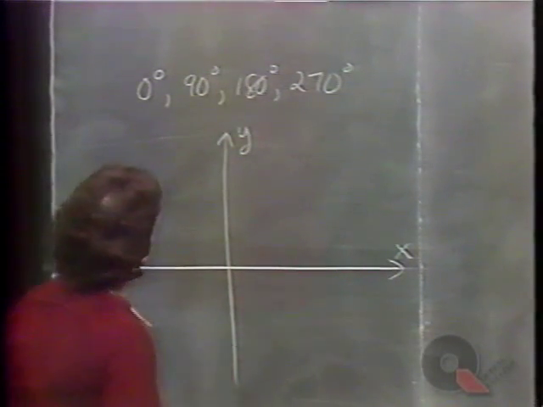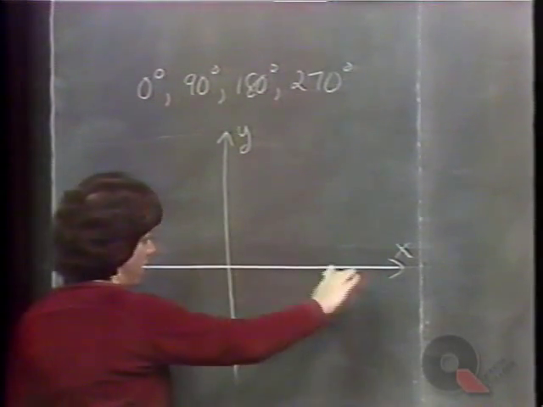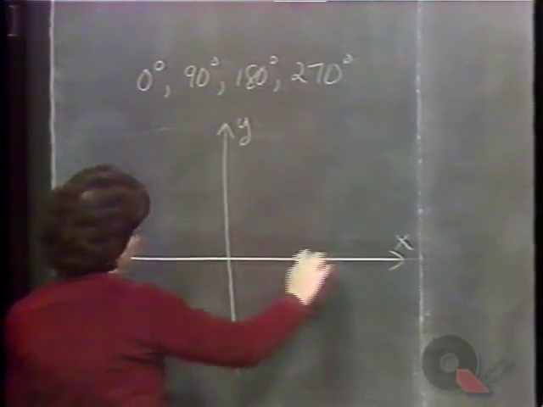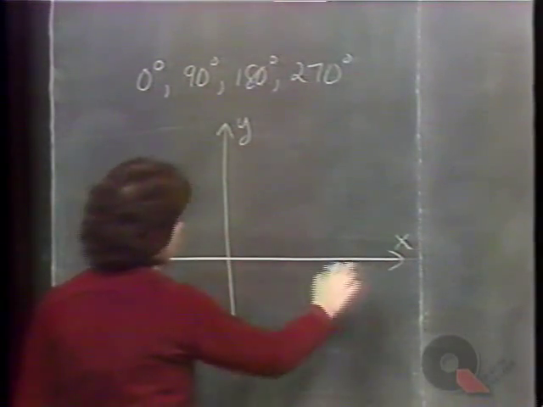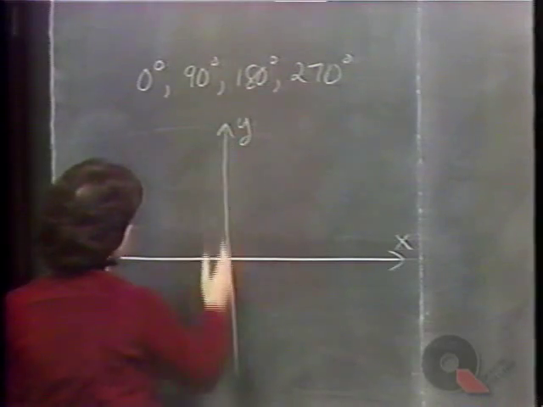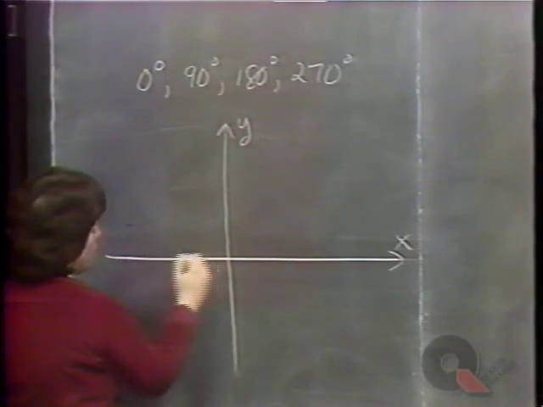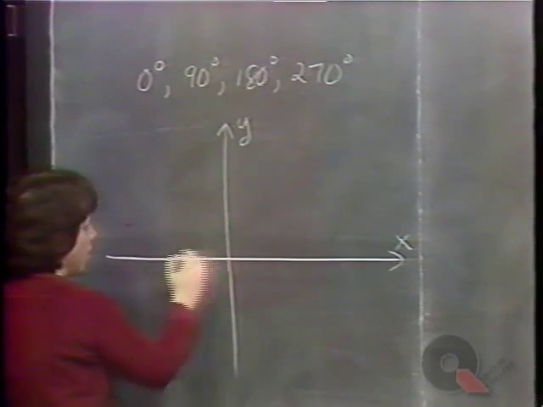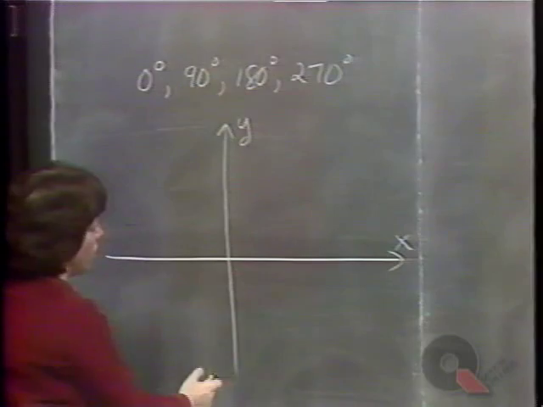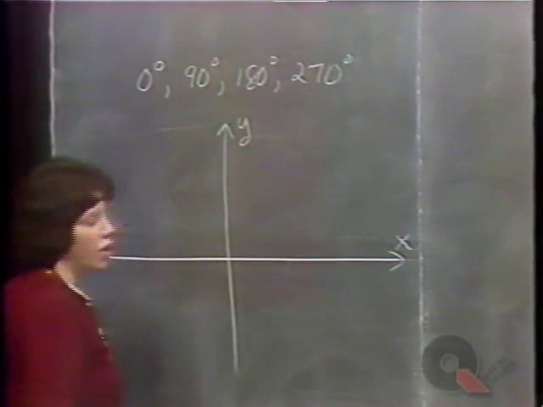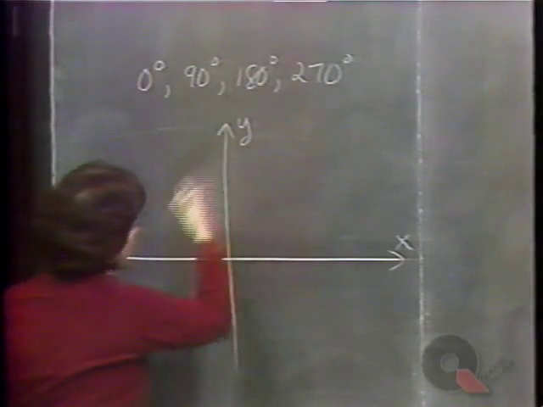If you think of angles having their initial side on the positive x-axis, a 0-degree angle would have its terminal side also along the positive x-axis. A 90-degree angle would have its terminal side along the positive y-axis. A 180-degree angle would have its terminal side along the negative x-axis, and a 270-degree angle would have its terminal side along the negative y-axis, on the lines, the x and y axes, which separate the quadrants.